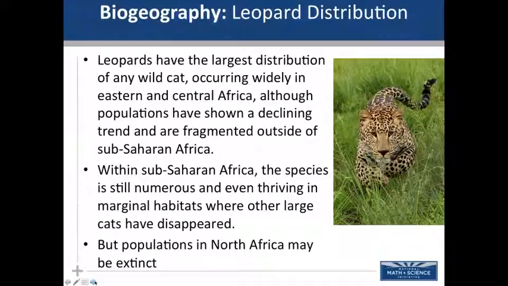So they have the largest distribution of any wild cat, and although the population has been showing a declining trend and is fragmented, we have seen some positive things coming from the leopard. Within sub-Saharan Africa, the species is still numerous and even thriving.